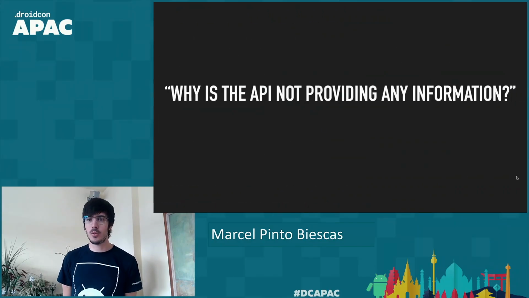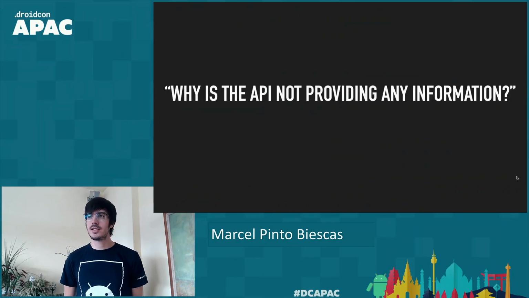So now let's go through some of the comments that I've heard around. Why is the API not providing any information? Well, as I explained at the beginning, we focus our design on two basic terms: privacy and abuse. So we on purpose designed the API in that way to ensure that the user is protected and avoid applications abusing it.